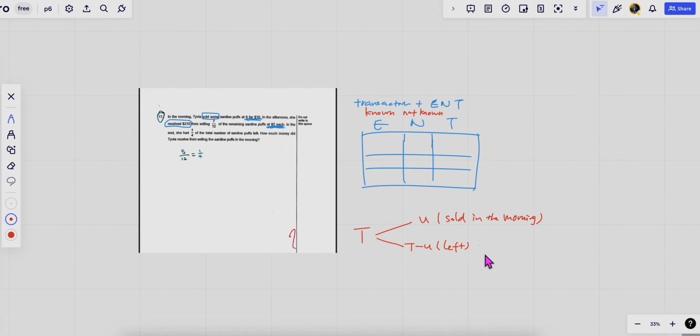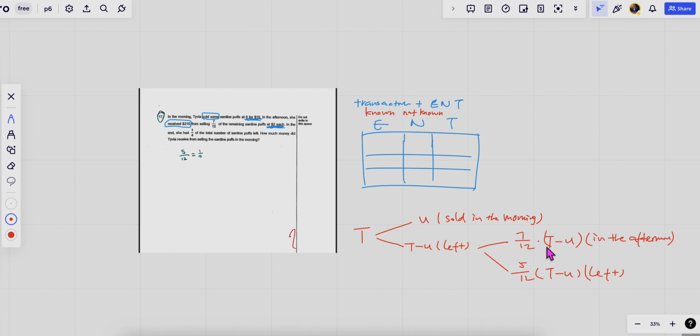selling 7/12 of the remaining. So 7/12 of the remaining means T minus U, right? This is in the afternoon, so 7/12 sold in the afternoon, so it's 5/12 left, right?